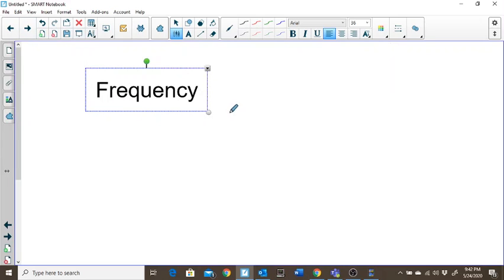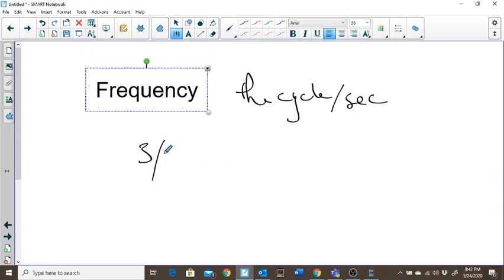So frequency, well, what we call the cycles per second. How many times does something happen in a period of time or in a given amount of time? So I read 3 books in 1 month.